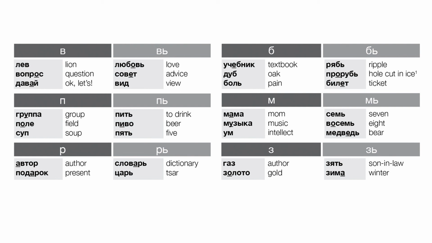R, автор, подарок, soft R, словарь, царь. Finally, Z, газ, there's the devoicing, золото, зять, зима.